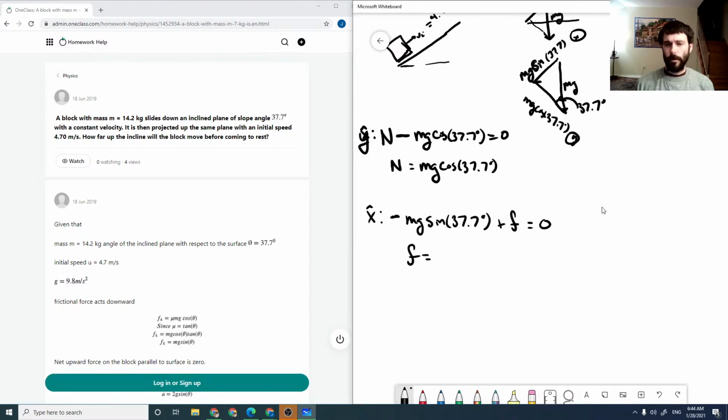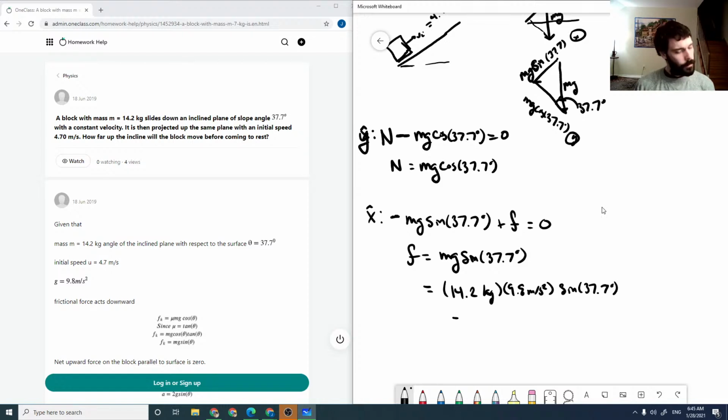So then our frictional force is mg sine 37.7 degrees, which is 14.2 kilograms times 9.8 meters per second squared times sine of 37.7 degrees, which is 85.1 newtons. Okay.